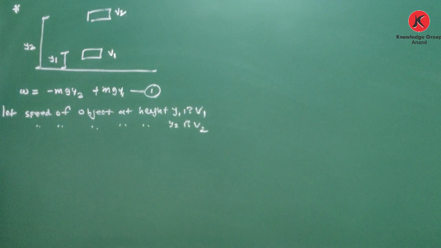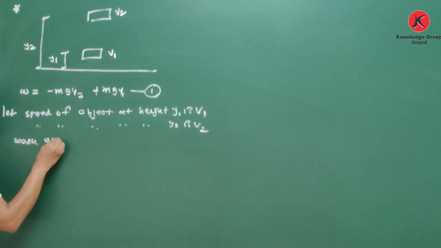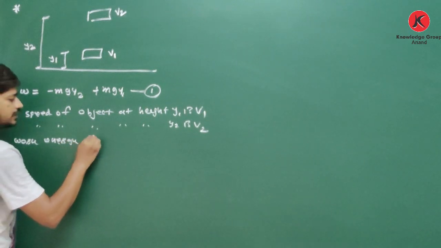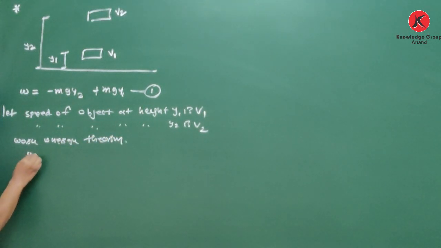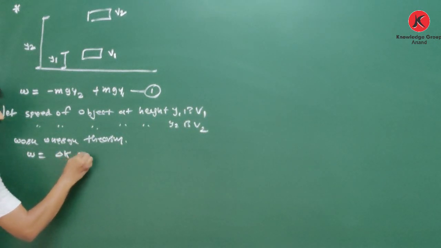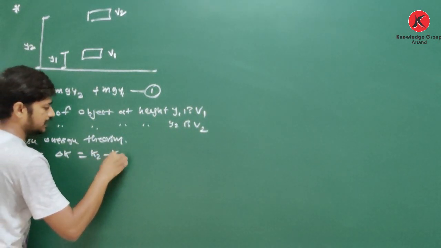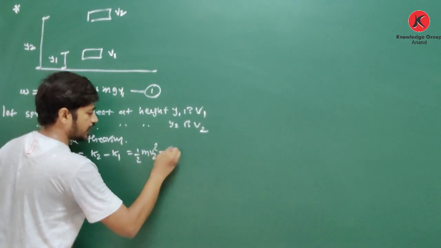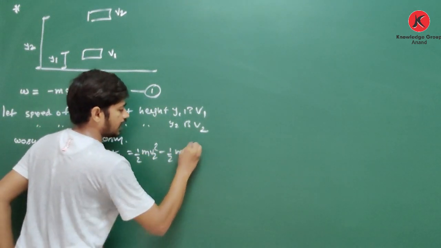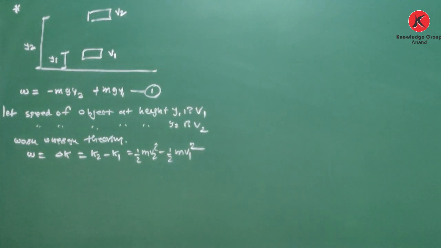So what is the work energy theorem? W is equal to delta K, which is K2 minus K1, equal to half m v2 square minus half m v1 square.